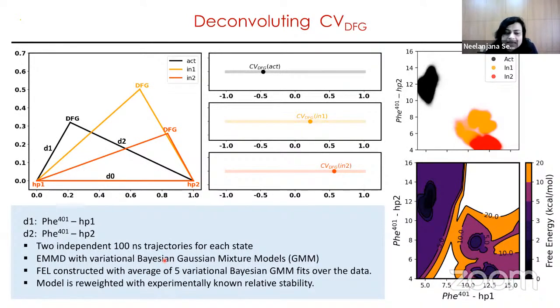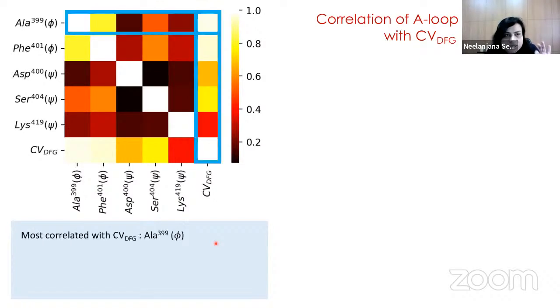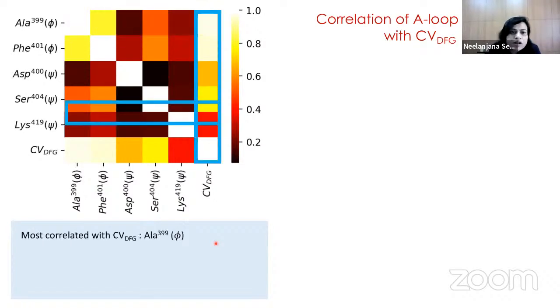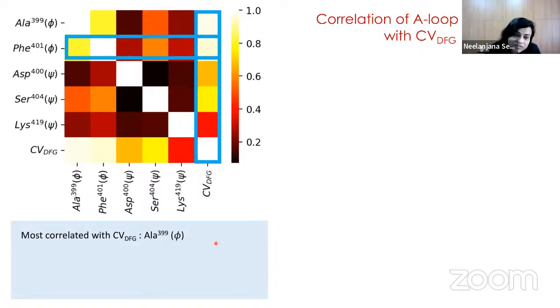If you introspect the extent of correlation of CVDFG with some of the torsional angles involved with the other pockets, looking at alanine 399, it turns out that it is extremely well correlated with CVDFG.